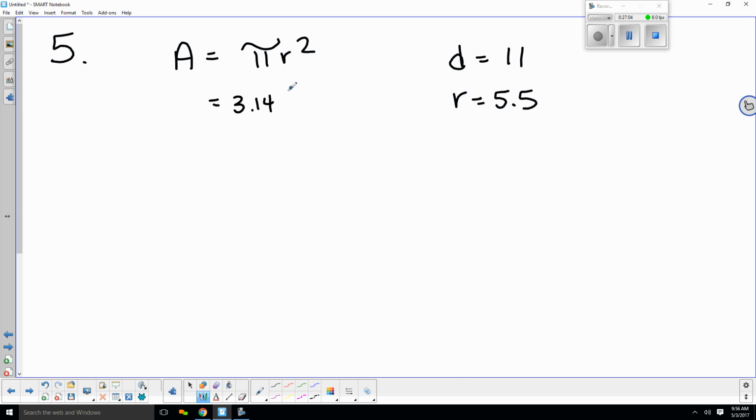So pi times radius squared. Somebody in their calculator take 5.5 and square it, and then times it by 3.14. 94.985, and so in this case that would be C, because they rounded to 95.0.